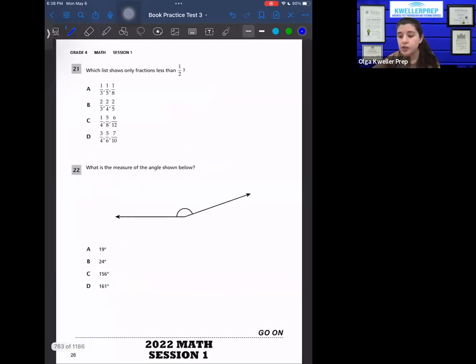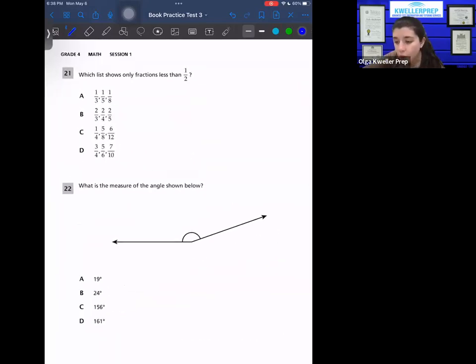We have which list shows only fractions less than 1/2. So we played this, I taught you guys this rule already, right? So the rule is when all the numerators are the same, right? Looking at choice A, all the numerators are the same. How do we know which fraction is bigger or smaller?